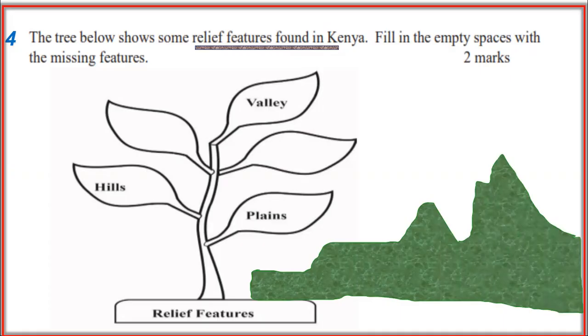So in this case, we can have the plains, the low-lying flat area, that is plain. A high-raised flat land is the plateau, and then we have a hill. A hill is smaller than a mountain. That's the difference. Between the hill and the mountain, we have a valley.